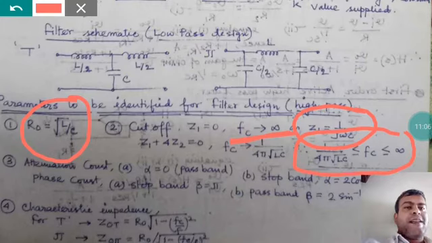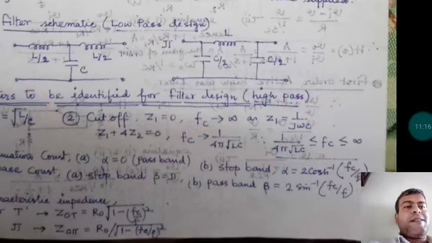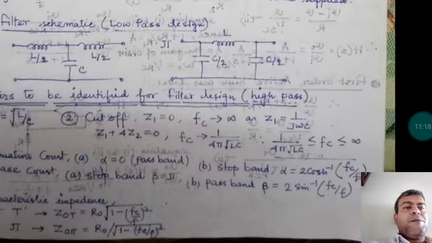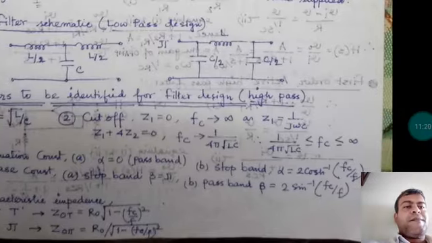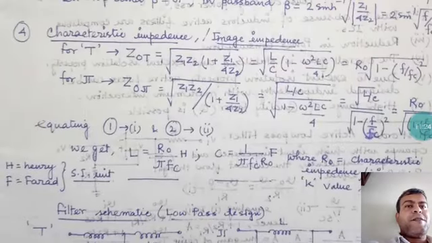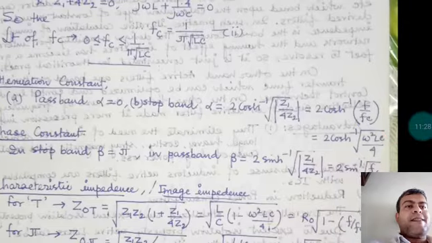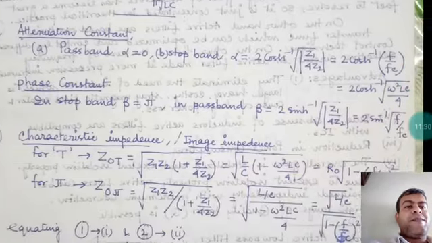So what is the attenuation constant here? For the pass band alpha equals 0, and for the stop band alpha equals 2 cos inverse Fc by f. What is the attenuation constant for the low pass? Here it is cos inverse f by fc.